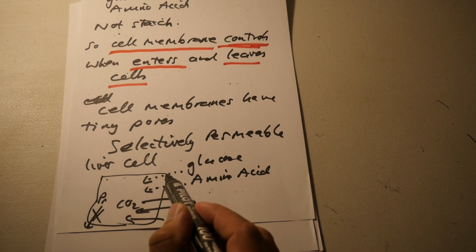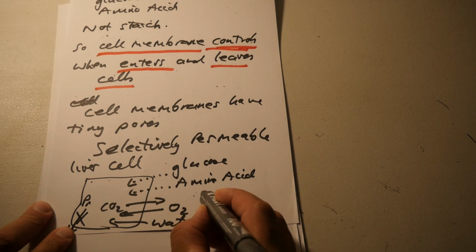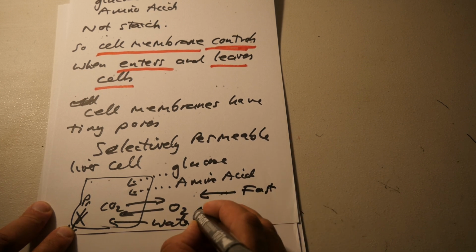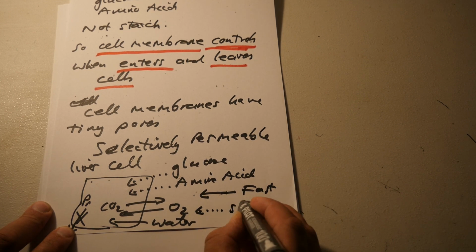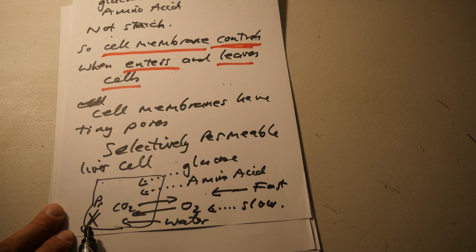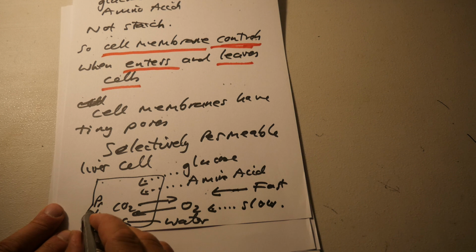What these arrows mean: fast diffusion, slow diffusion, and no diffusion, which is crossed out.